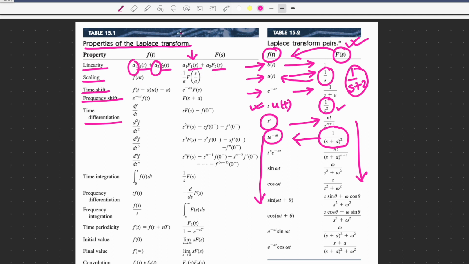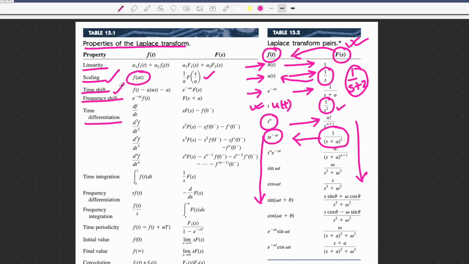Scaling means here we have f(at). So it becomes 1 by a, F(s by a). So if you multiply time with a constant, that constant appears as 1 by that constant, and then F of s by the given constant a. So this is called scaling.